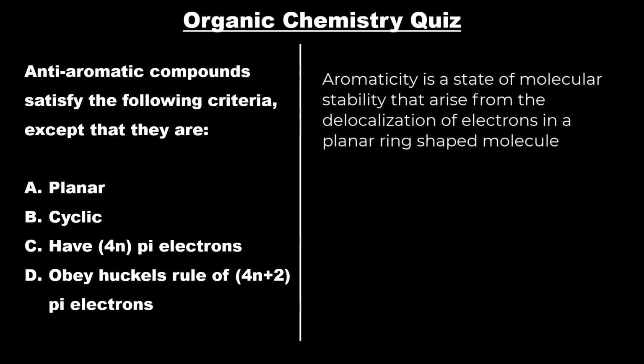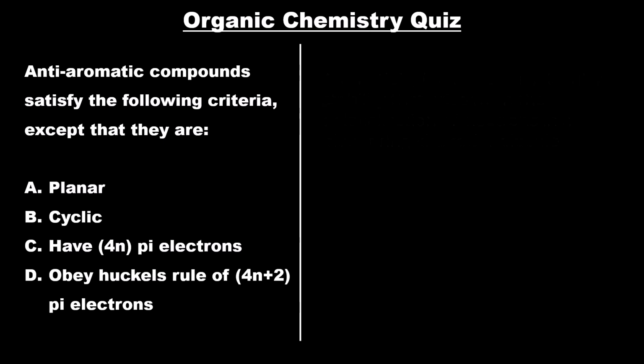And for a molecule to be considered aromatic or anti-aromatic, there are some rules that the molecule has to follow, or there are some specific properties that we look out for in that molecule before we qualify the molecule to either be an aromatic compound or an anti-aromatic compound. So we'll be looking at the rules using specific examples under each of the categories. The examples we're using will be benzene and cyclobutadiene.